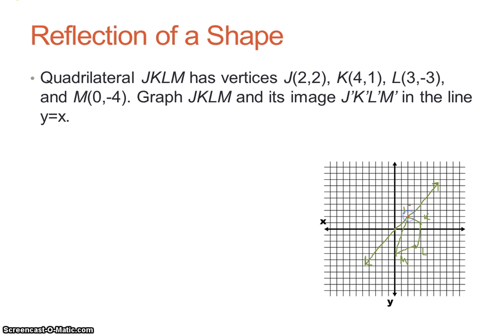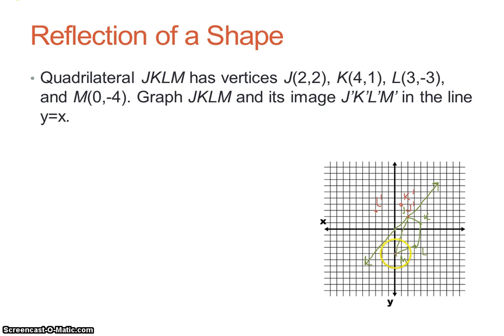It's going to stay the same, so that's also our J prime. Our K, we go down 1 over 4 to get to 0, so we go up 4 over 1. There's our K prime. Our L, we go over 3, up 3, so then we'll go over 3, up 3 to get over here. So this is our L prime.